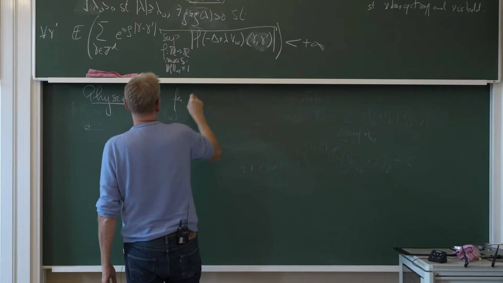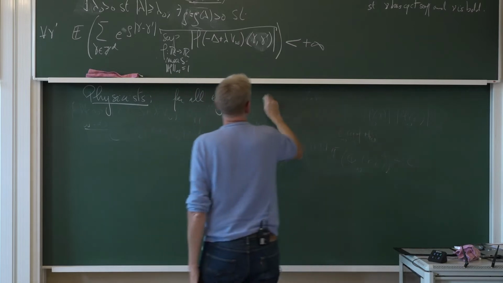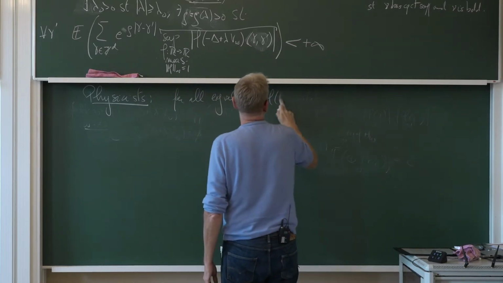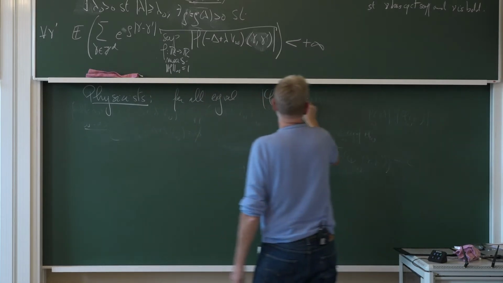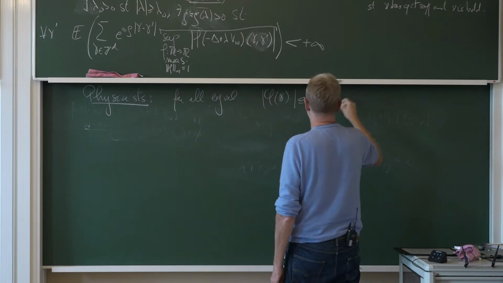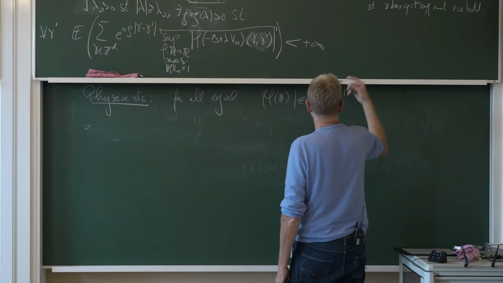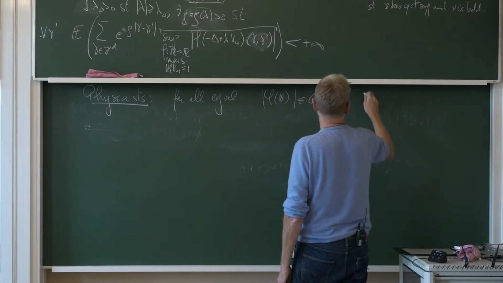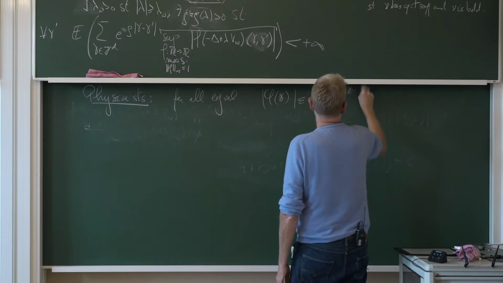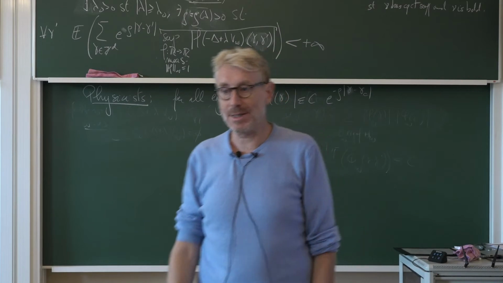For all eigenvalues, phi of gamma is bounded by a constant. They don't care whether it depends on omega or not, times e to the minus some universal constant, roughly in the mind of the Lyapunov exponent, times gamma minus gamma c. And there is no prefactor depending on gamma c.